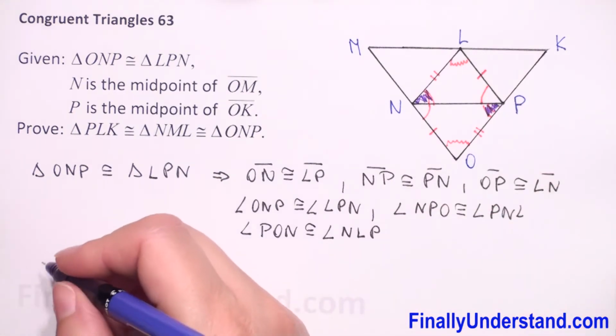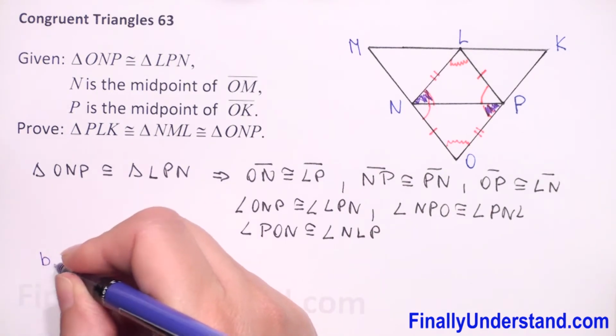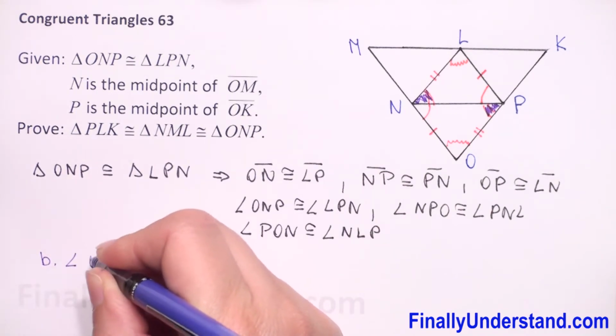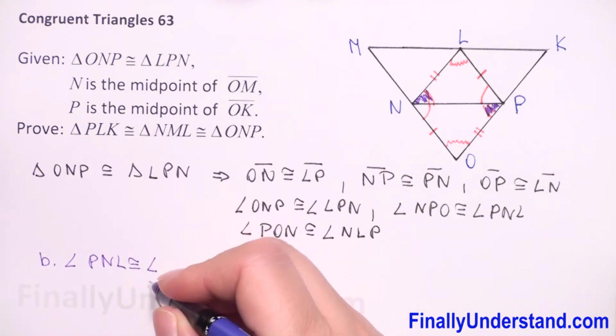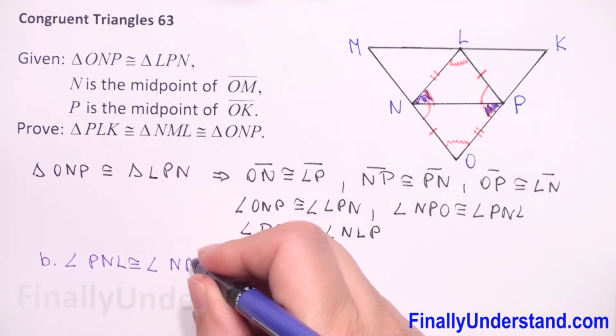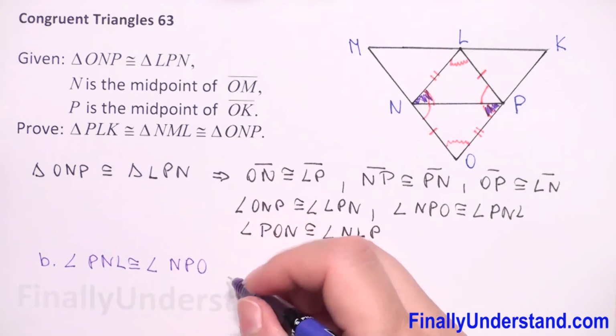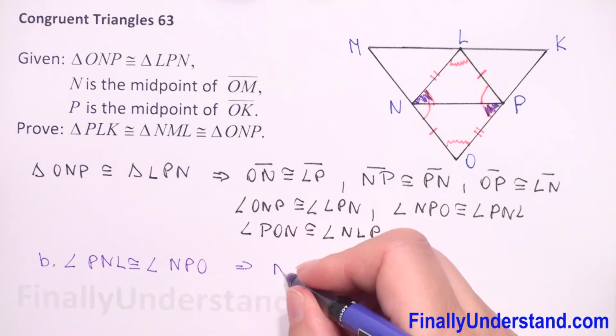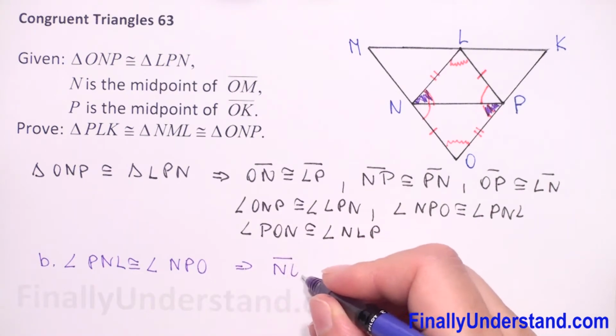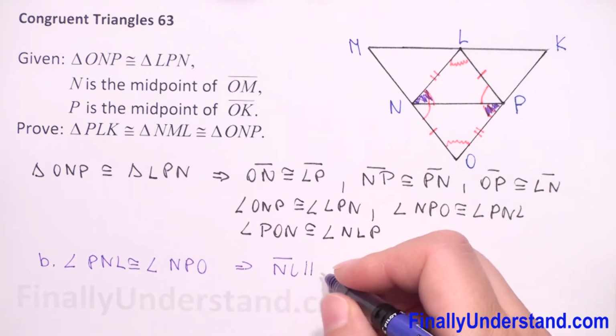So we can write that because angle PNL is congruent to angle NPO, we have that NL segment is parallel to OP segment.